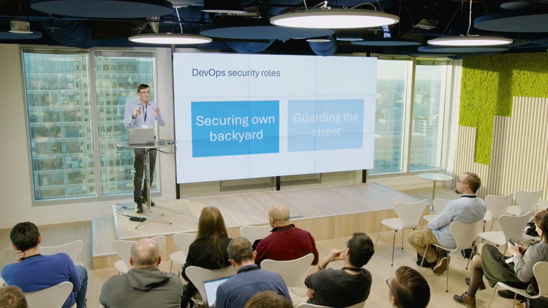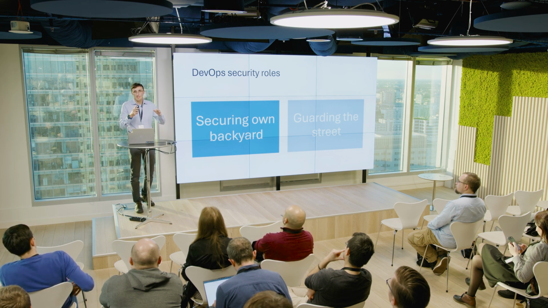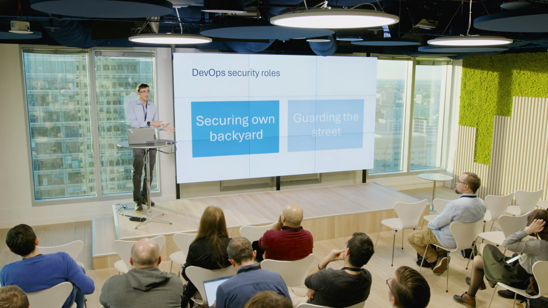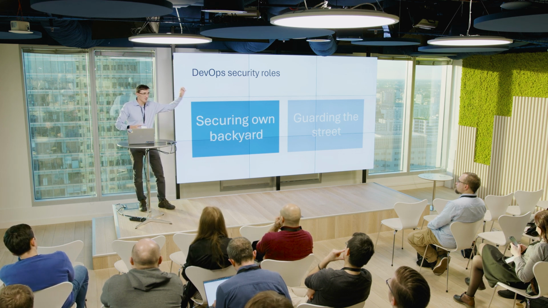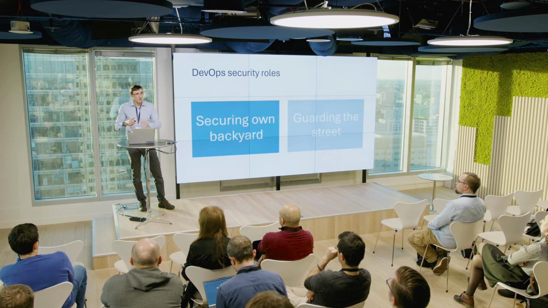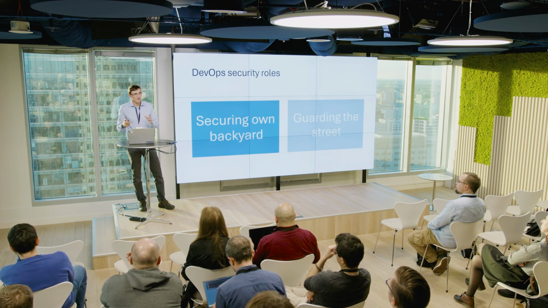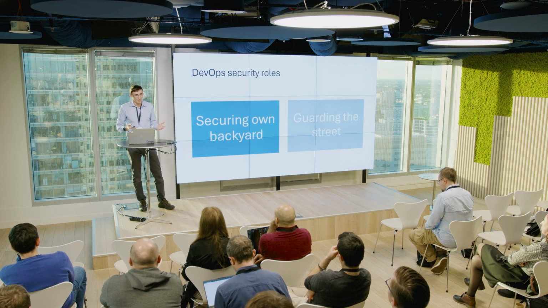This neighborhood is the developers, because developers create some artifacts, some code in the repository. And you as a DevOps have the power to push this code through the whole pipeline to production. But in this whole pipeline, you are, let's say, the last resort, the last bastion to check the security of this artifact, because you are the one who pushes it to production.